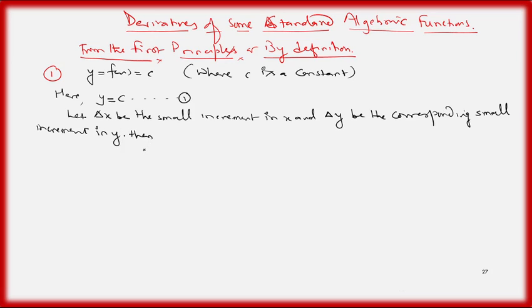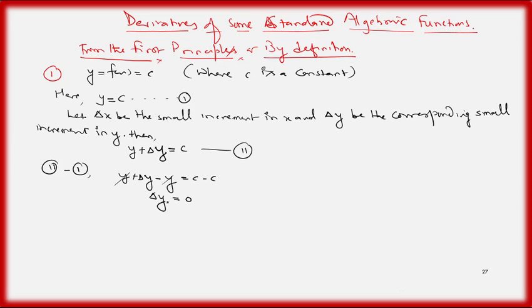Then y plus del y equal to c. Second equation minus first equation, y plus del y minus y equal to c minus c. There is a constant, so there is no increment, because if there is an x term we will write x plus del x, so this can be cancelled. Del y equal to 0.